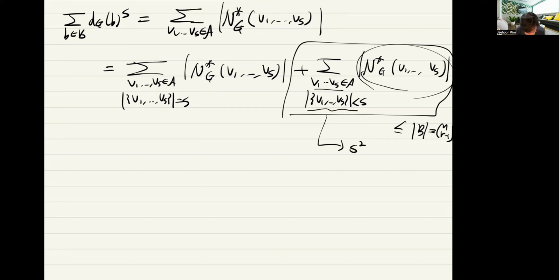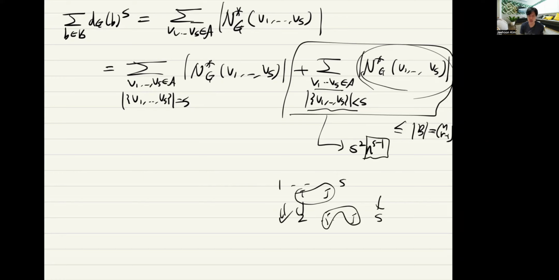By choosing two terms that have to be the same, let's say I and J are the same, then you choose the coordinates 1, 2, dot dot dot, S of the tuple, and for I and J you choose the same thing, so you take n to the S minus 1 choices.